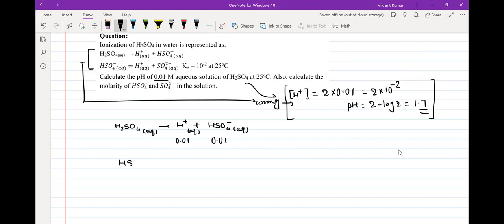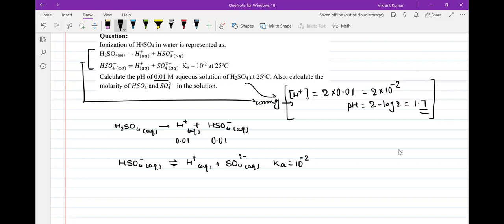But now this HSO4 minus aqueous, which is giving you another H plus, will have reversibility. And that's why we need to assume partial consumption or partial conversion of HSO4 minus into H plus and SO4 2 minus. And its K value is given as 10 raised to minus 2. Sometimes they'll be writing K2. So they are saying that second step is reversible and K value is this much. Okay, so even if they are writing K2, they are giving you the K of the second step.